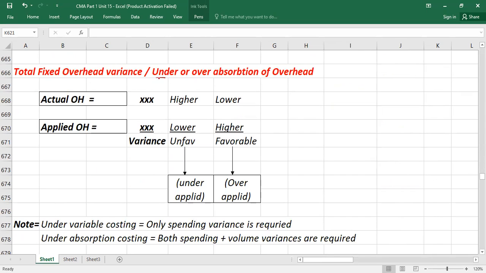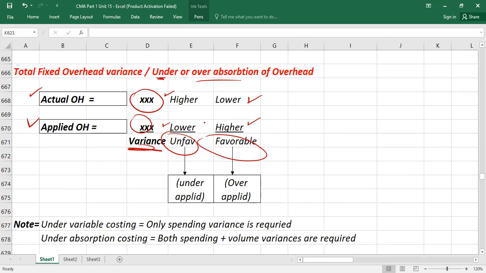I'm talking about under or over absorption of overheads. Ready? Shortcut I'm using, total variance shortcut. What is the shortcut? The difference of actual overhead and applied overhead. This will give you total variance. Same rule: if the first line is higher and the second is lower, this variance is going to be unfavorable like all other costing rules. If the first line is lower and the second is higher, the variance is going to be favorable.